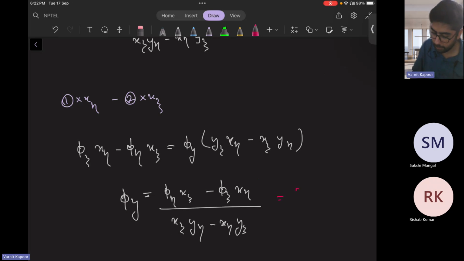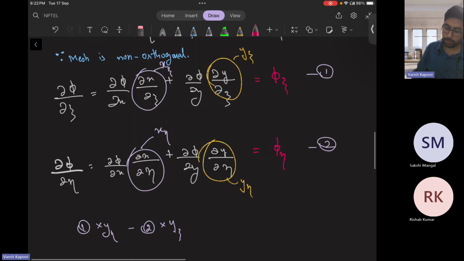This is nothing but ∂φ/∂y. So we've got these two terms, ∂φ/∂x and ∂φ/∂y.